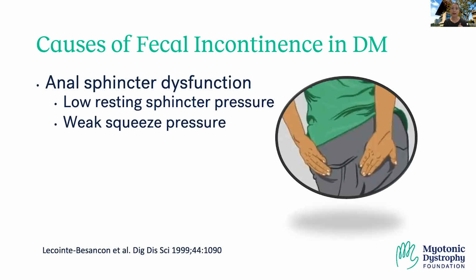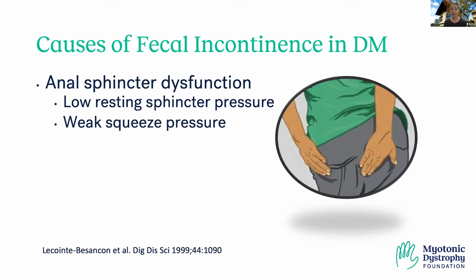So the other abnormal problem that can happen with the patients who have myotonic dystrophy is fecal incontinence. Fecal incontinence is the inability to control your bowel movements, causing the stool to leak unexpectedly from the rectum. So it can range from an occasional small amount of stool that can leak out, or it can be prominent and complete bowel loss can happen as well.